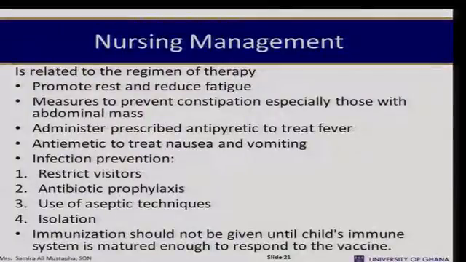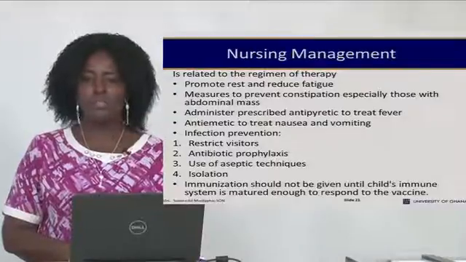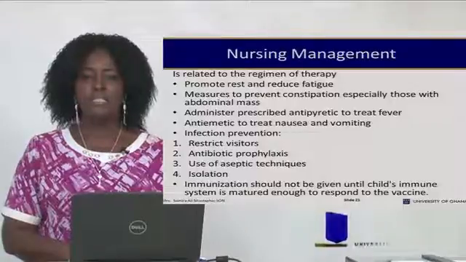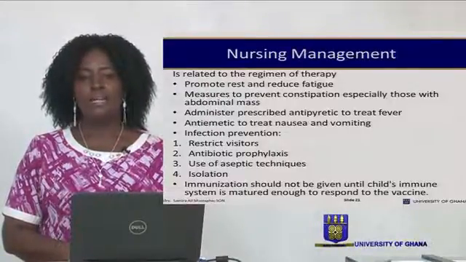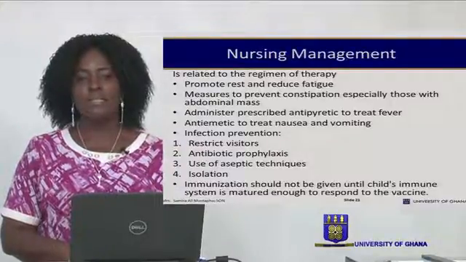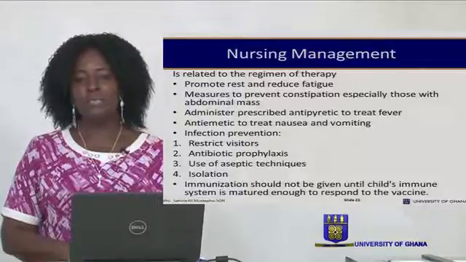So you want to reduce rest, so you group all your nursing actions and also measure daily bowel action in terms of regularity, so that you identify the occurrence of constipation early. You administer any antipyretic for fever, and then antiemetic may be given in cases where there is nausea and vomiting. So you treat according to symptoms.